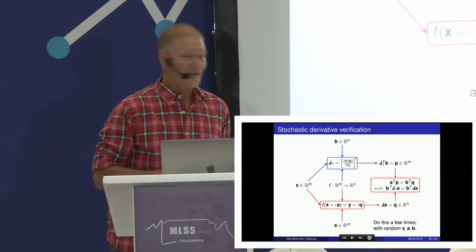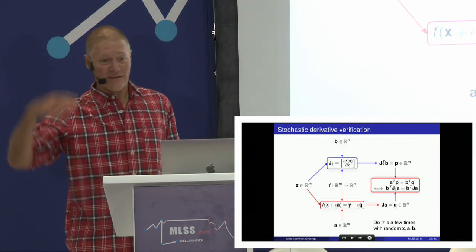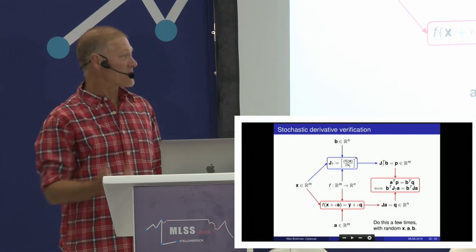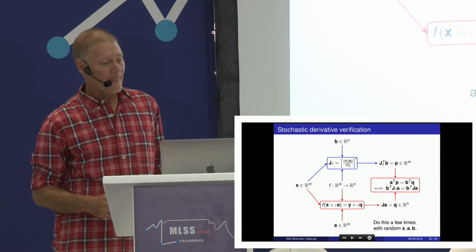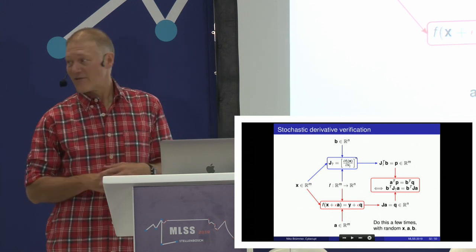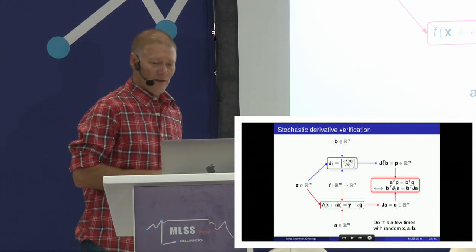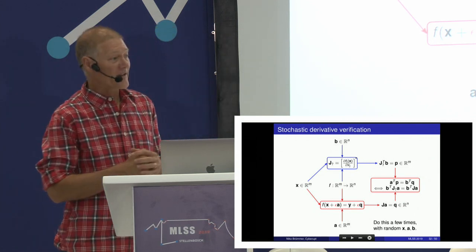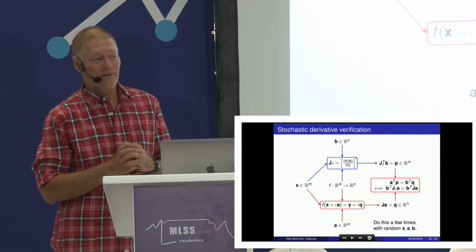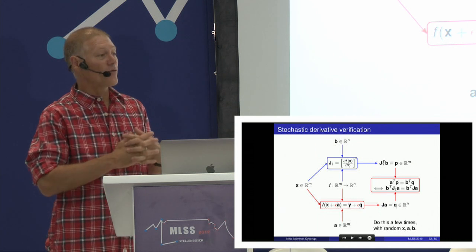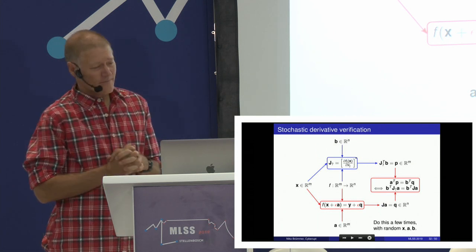So it could be somebody else's code, it could be TensorFlow code, or if you're implementing reverse mode differentiation yourself, it might be your code. You want to know, is the derivative correct? Then you can compare the results of the version you want to test against a forward mode calculation.